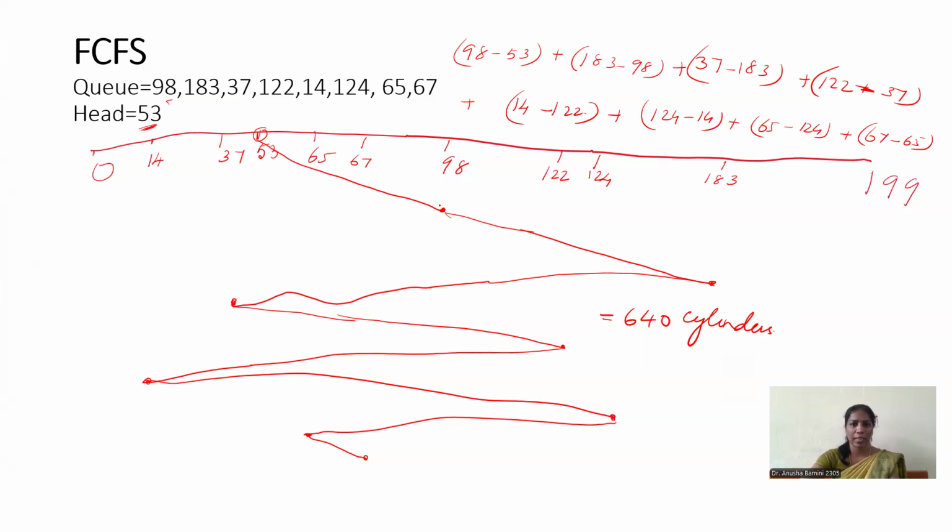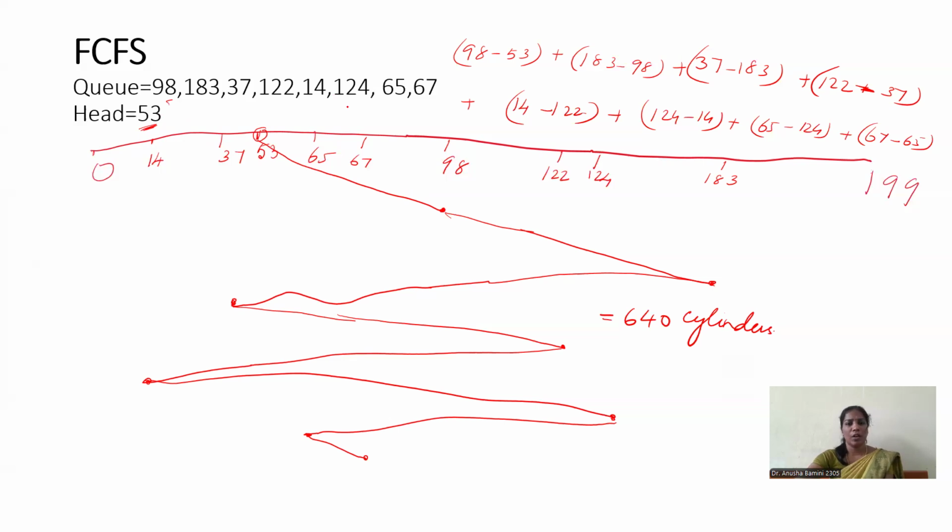I think it's clear. You draw a line from 0 to 199, since the size of the disk is already mentioned. The head starts from 53, and this is the request queue. You arrange and mark the numbers in ascending order, then start from 53 and traverse to the next request.